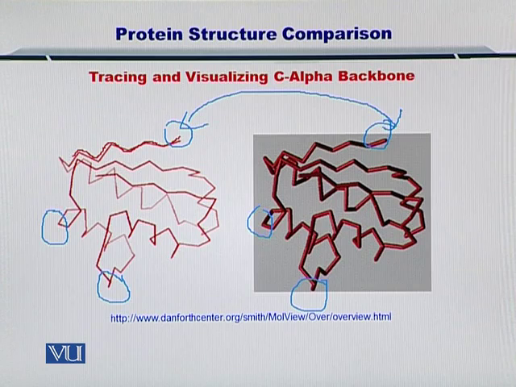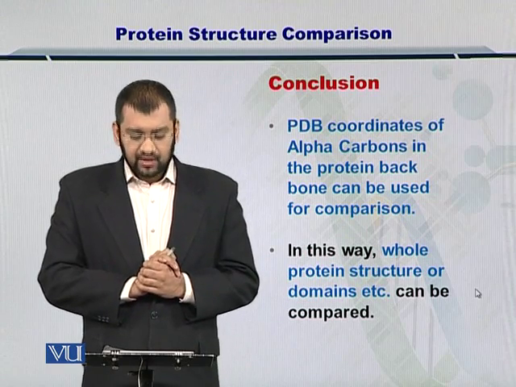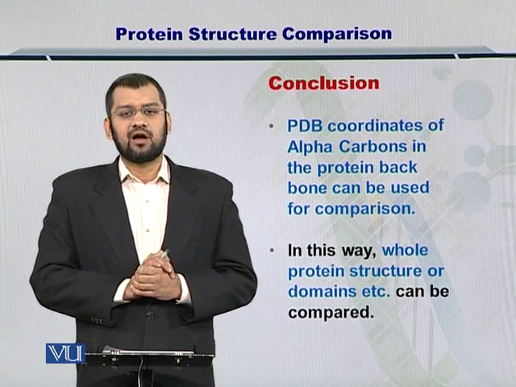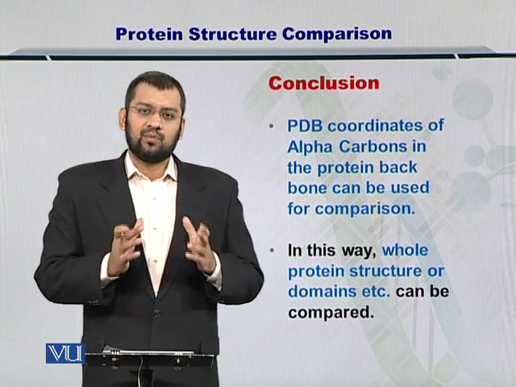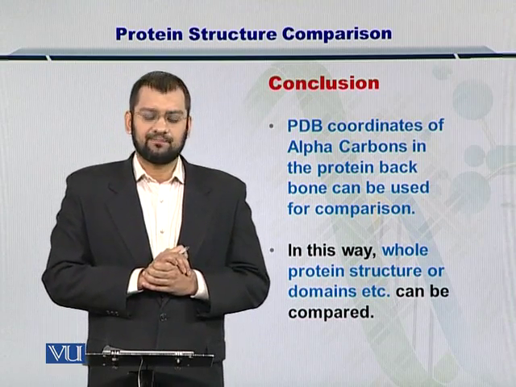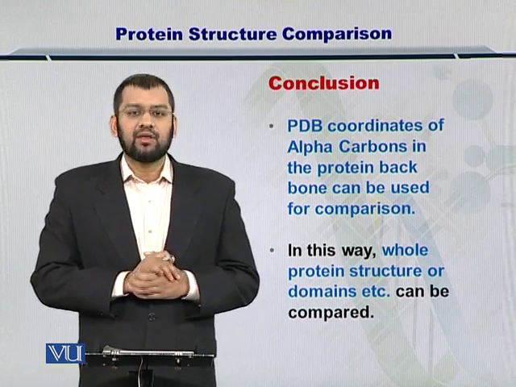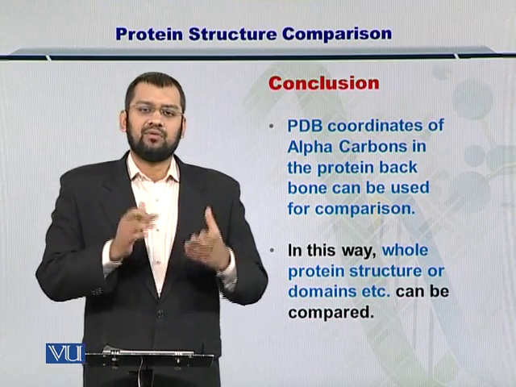In this case, it appears that the two proteins are exactly similar. In fact, this is the same protein in both the figures. So in conclusion, the PDB coordinates of the alpha carbons are used to compare the distance between the two proteins. And then we have the whole protein structure that is compared, or even the domains.